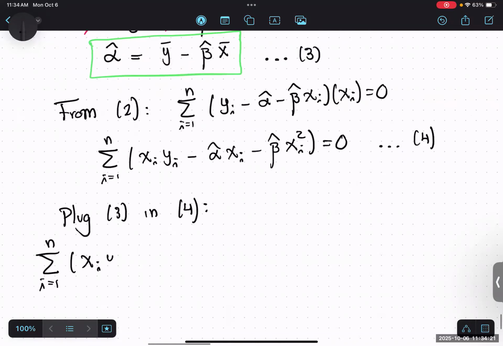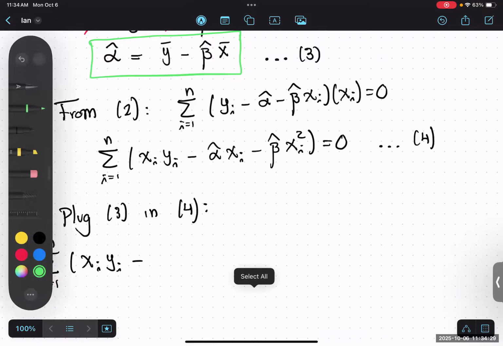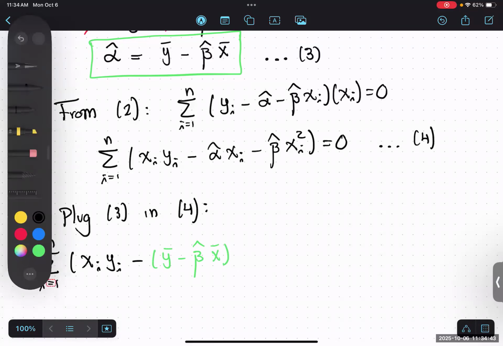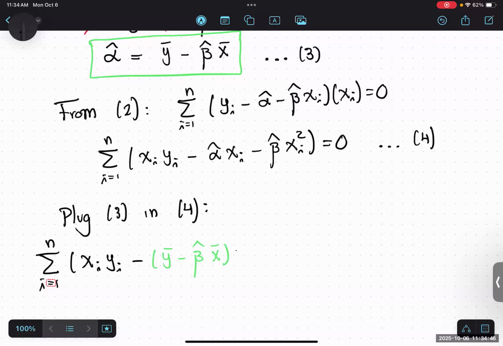And whenever I see alpha hat, which is right here, I will substitute for the actual value of alpha hat, which in this case is y bar minus beta hat x bar. And going back to the expression that we have, this was multiplied by xi. And whatever we have left in the third element is exactly the same, beta hat xi squared. And everything is equal to 0.